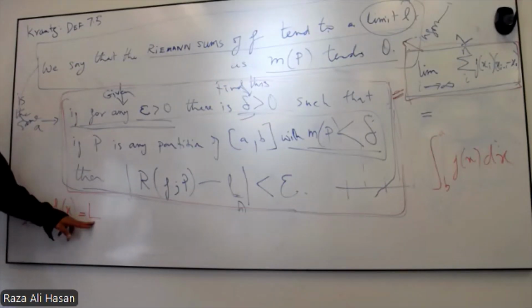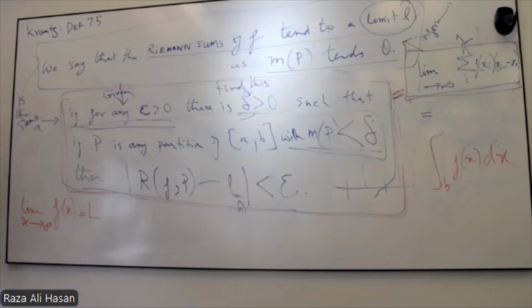It's going to get this number. So what is another way to say this? And this is when I'm trying to remember this.